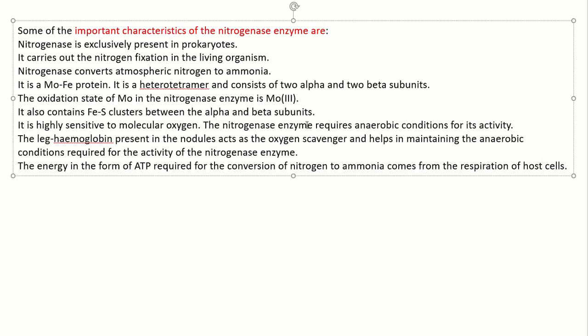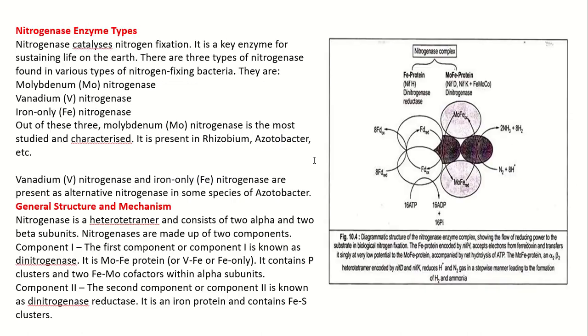The nitrogenase complex, the nitrogenase enzyme for biological nitrogen fixation. And it requires, as I said previously, 8 electrons plus 8 H plus 16 ATP, required for the conversion of nitrogen to ammonia, and from the respiration of the cells.